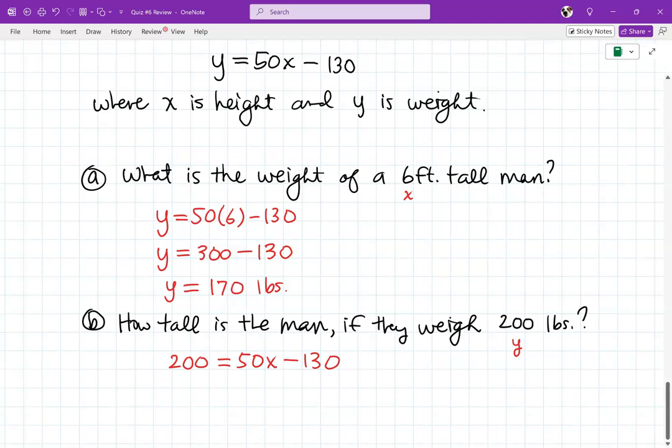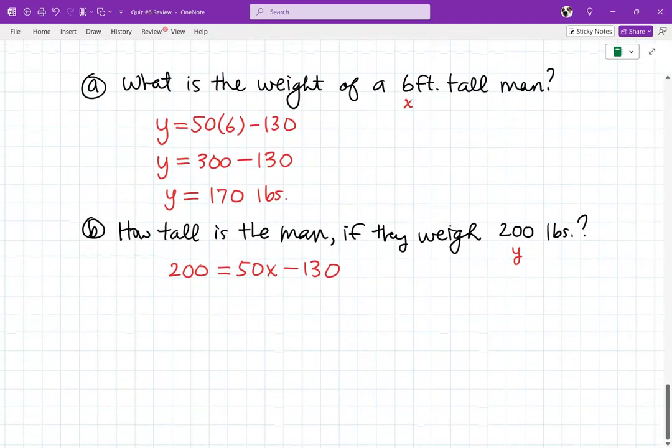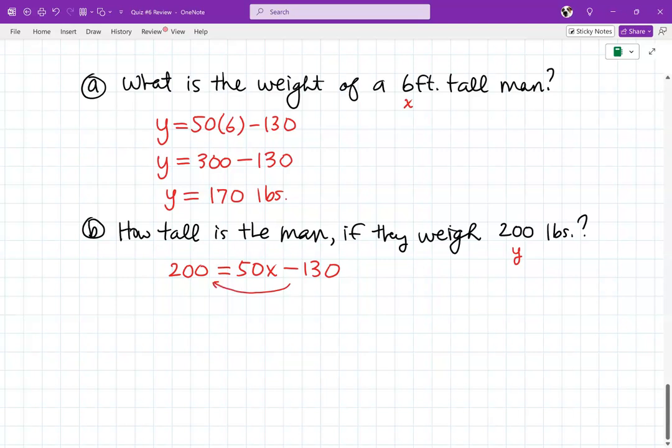And now I just got to start solving for my x value. So I'm going to add 130. So that's 330 is equal to 50x. And then I'm going to have to divide by 50. So x is equal to, I know the zeros will cancel because that's the same as reducing by 10.